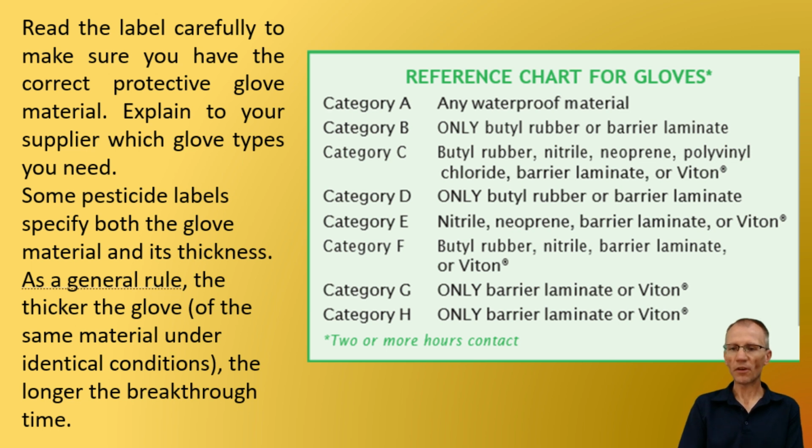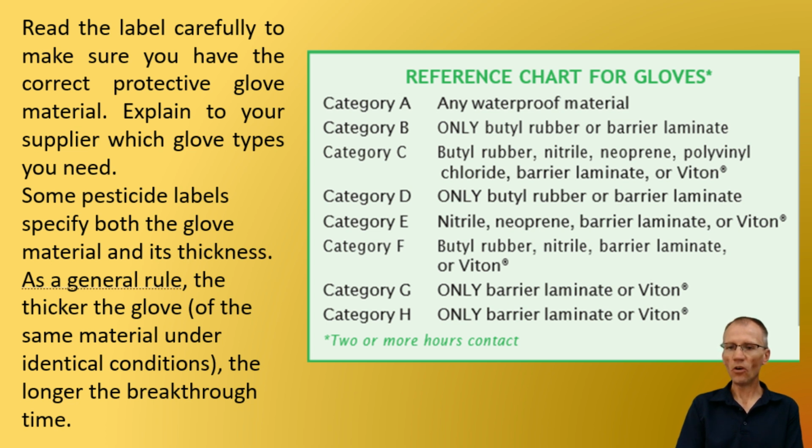When we look at the reference chart for gloves here, we can see we've got different categories and what's explained next to them. For instance, Category A would be any waterproof material. Category B, only butyl rubber or barrier laminate. Category C, butyl rubber, nitrile, neoprene, polyvinyl chloride, barrier laminate, or Viton.